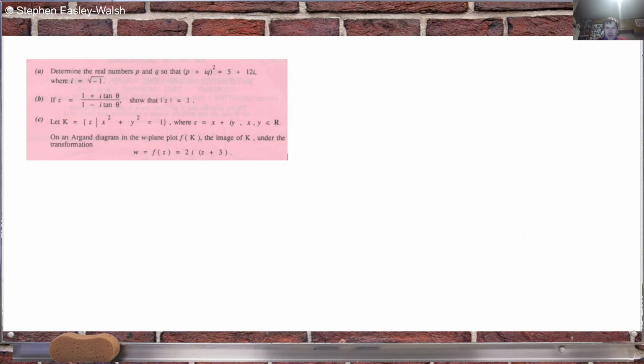What do we want to do? 1 plus tan over 1 minus tan. Oh, this is a tough one now. Should I change the tans into sines and cosines?